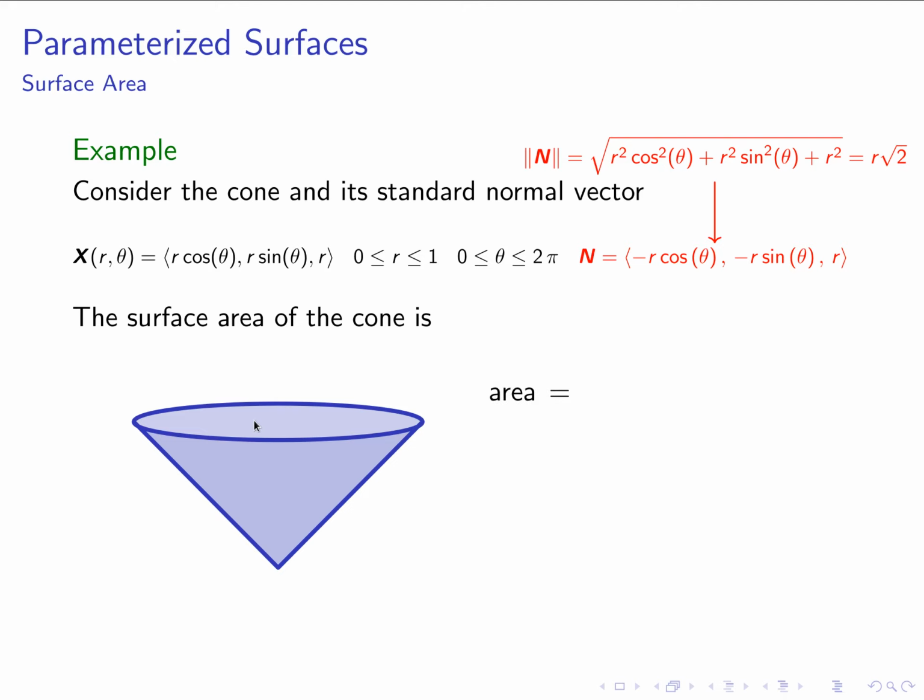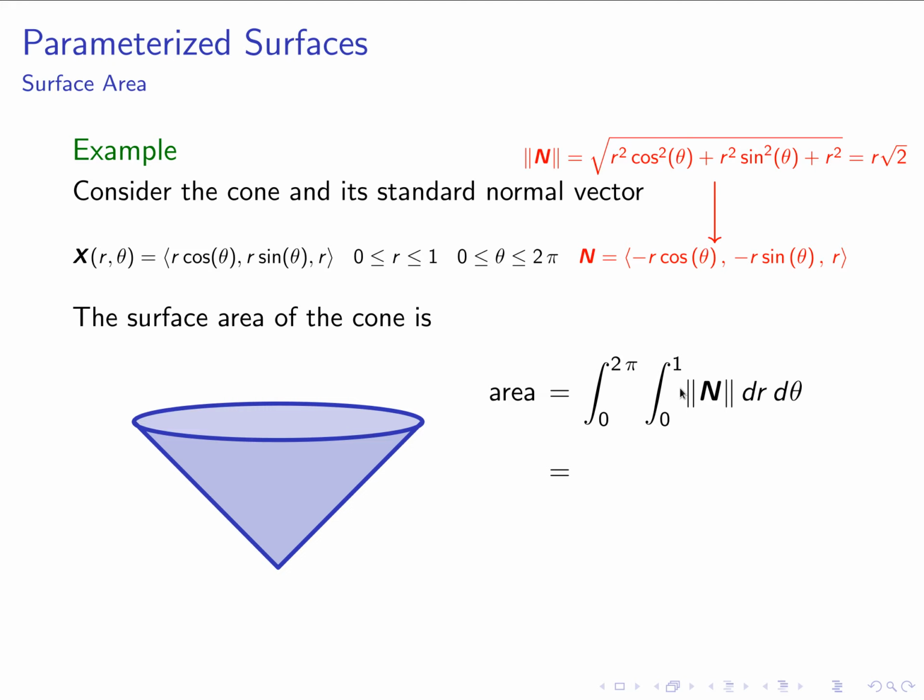And what is our area? Well, according to the definition, we should take a double integral over the domain of the parametrization of our surface. So here what that means is that we will integrate dr d theta, where r ranges from 0 to 1, and theta ranges from 0 to 2 pi.